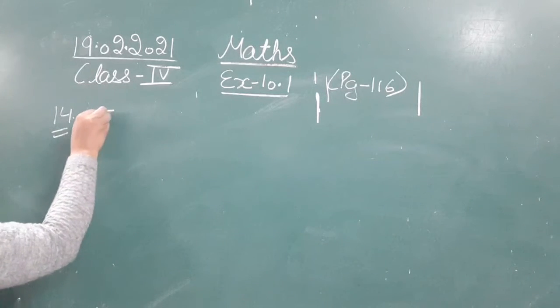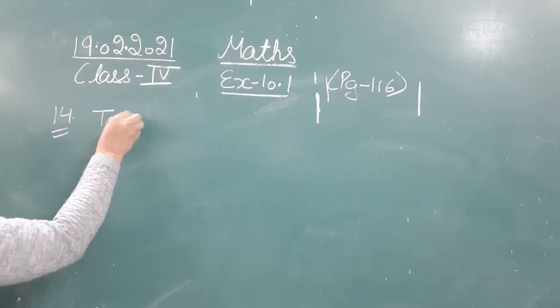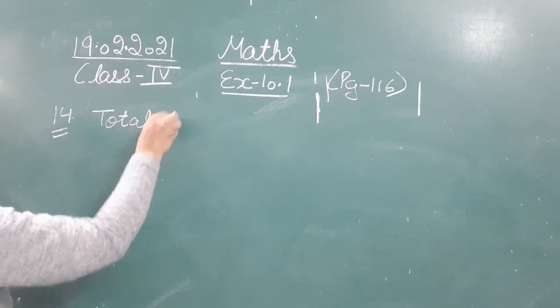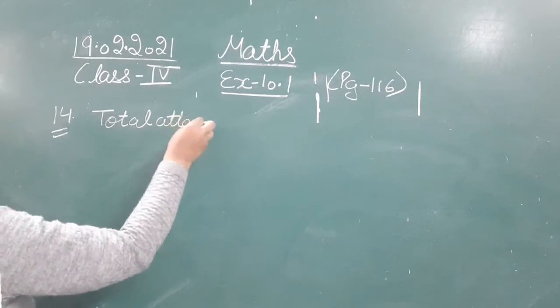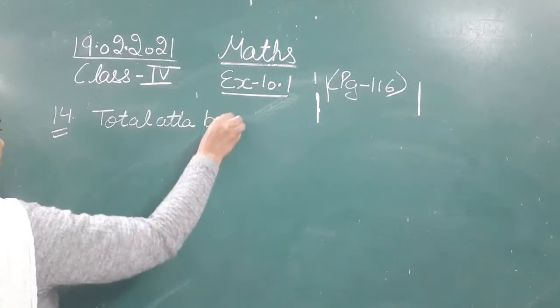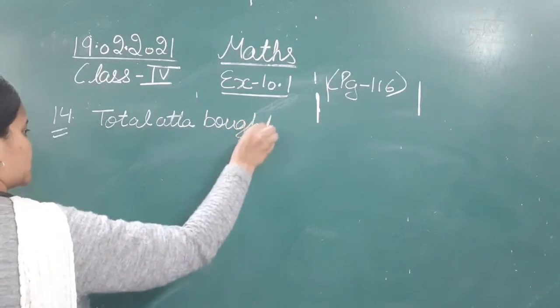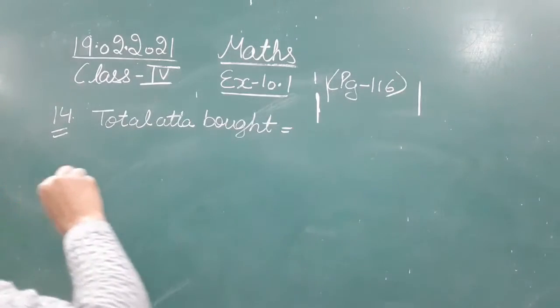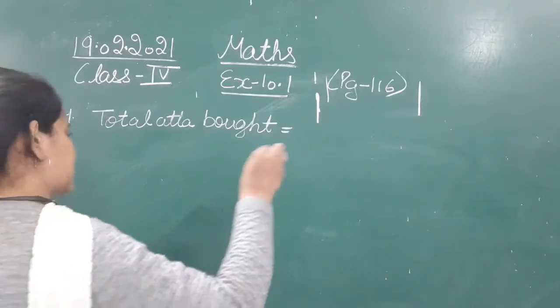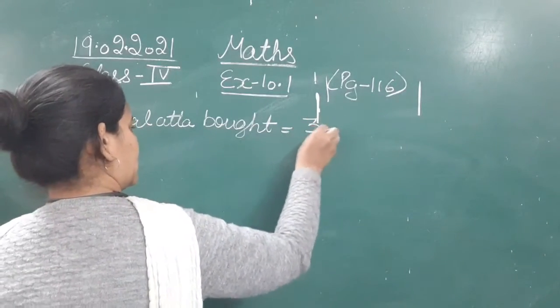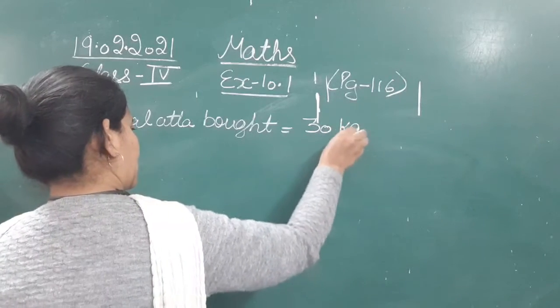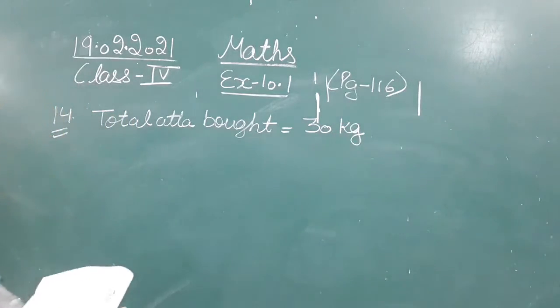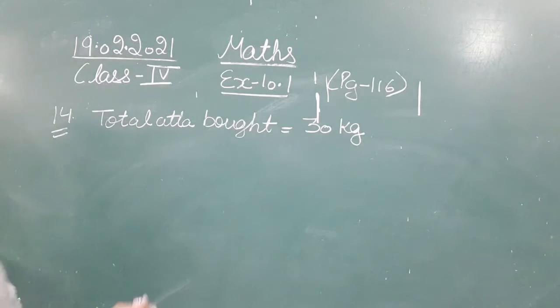Total atta bought was 30 kg. Now the atta used.